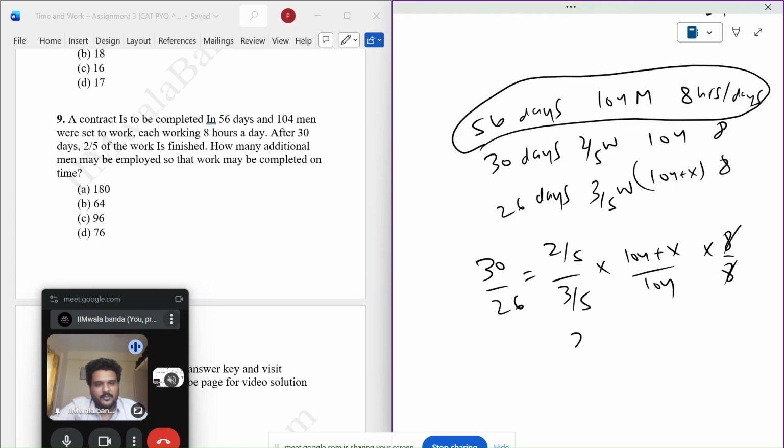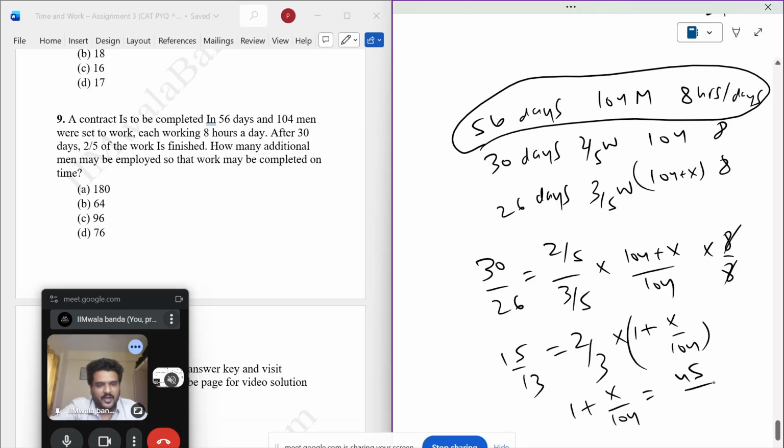Now it becomes 2 by 3. This is 1 plus X by 104. And this is 30 by 26 or 15 by 13. 1 plus X by 104 is 15, 30, 45, 26.